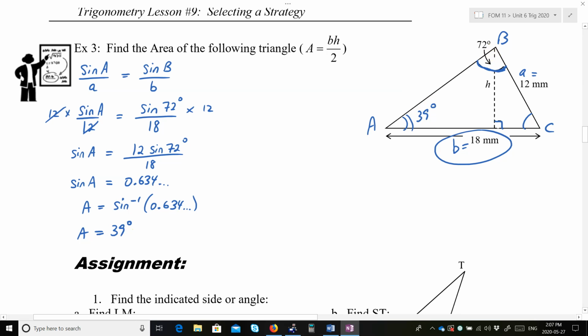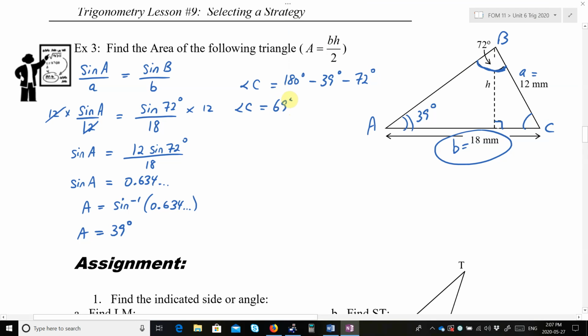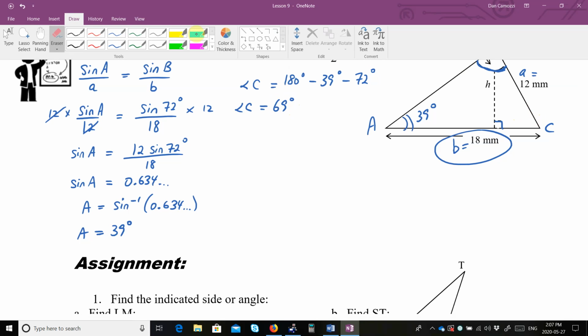We know that B is 72 degrees, so angle C is equal to 180 degrees, take away 39 degrees, take away 72 degrees. 180, take away 39, take away 72, 69 degrees. Okay, so we now know that angle C is 69 degrees.